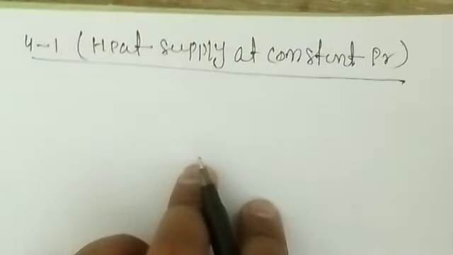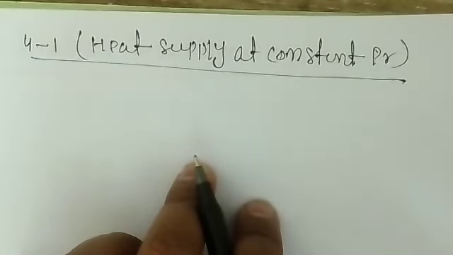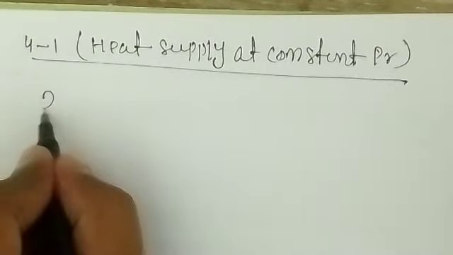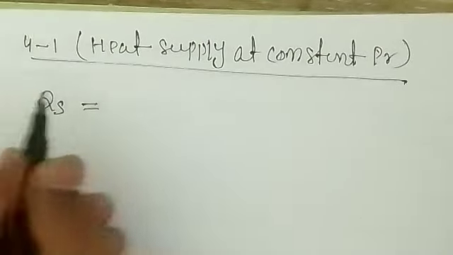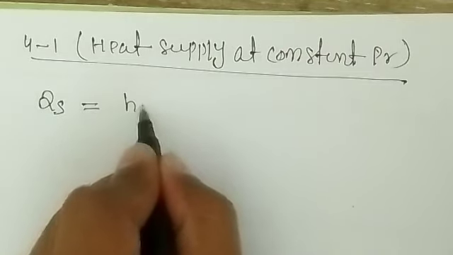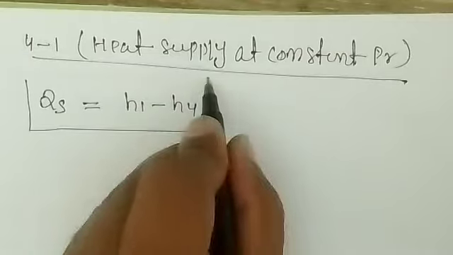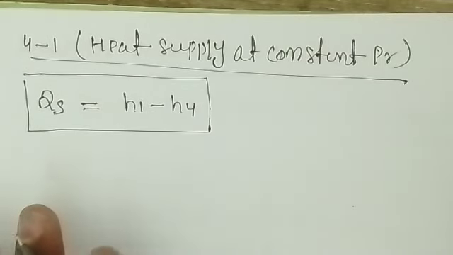So from where to where are you supplying the heat? You are supplying the heat from 4 to 1. So QS, or Q addition, you can say H1 minus H4, that is enthalpy at the inlet of the turbine minus enthalpy at the inlet of the boiler.